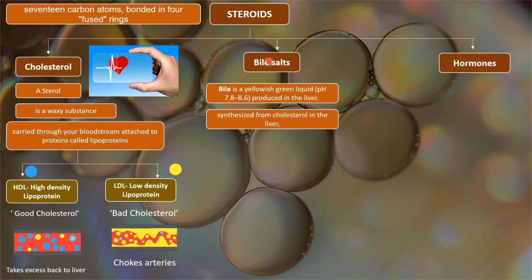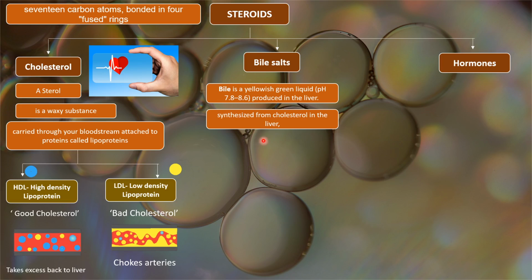So bile salt is a product of cholesterol itself, and cholesterol we know is a kind of steroid, and therefore bile salt is also a steroid because bile salt is formed from cholesterol, right?